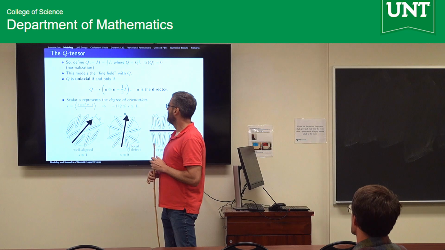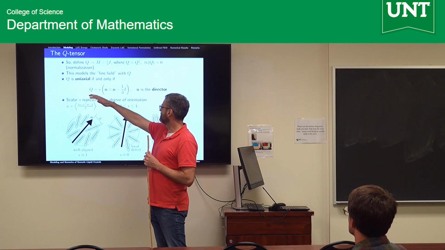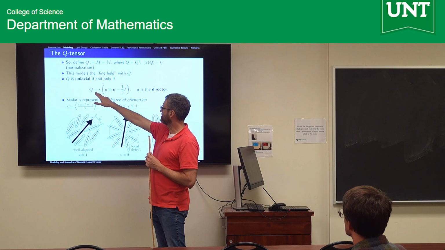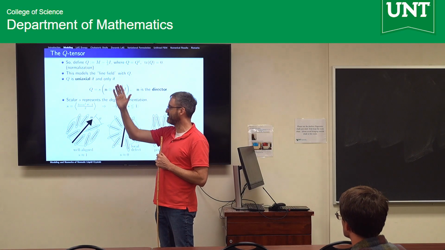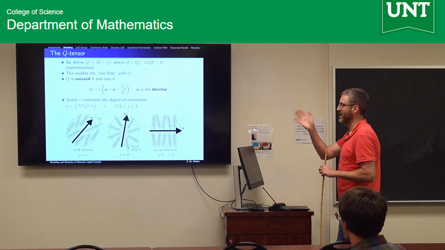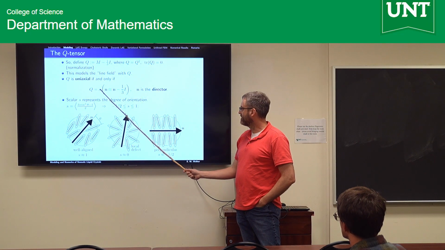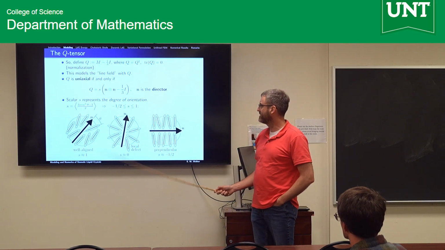If we're in 3D, depending on the properties of Q, it's uniaxial if it has this form, and this N would be like the average direction that the molecules face in. And the S here has the following interpretation.